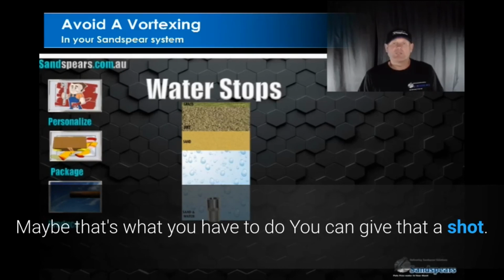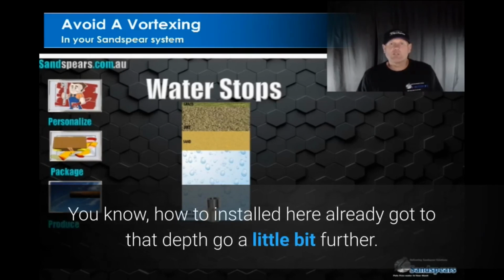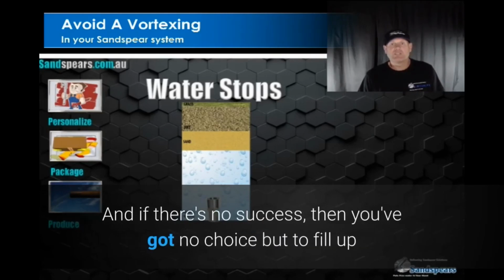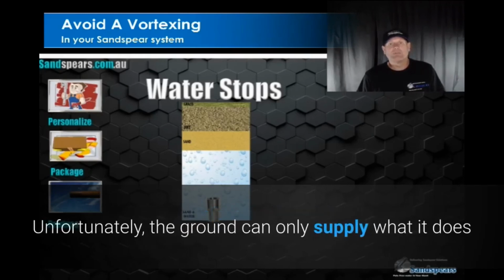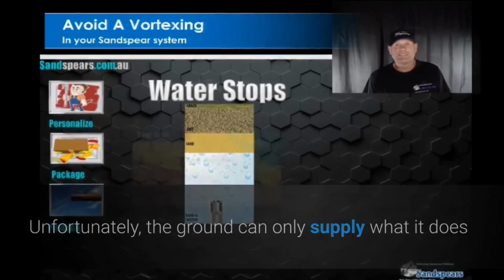Maybe that's what you have to do. You can give that a shot. You know how to install because you've already got to that depth. Go a little bit further, and if there's no success, then you've got no choice but to fill up and run at a lot slower amount of water than what you really wanted. Unfortunately, the ground can only supply what it does.